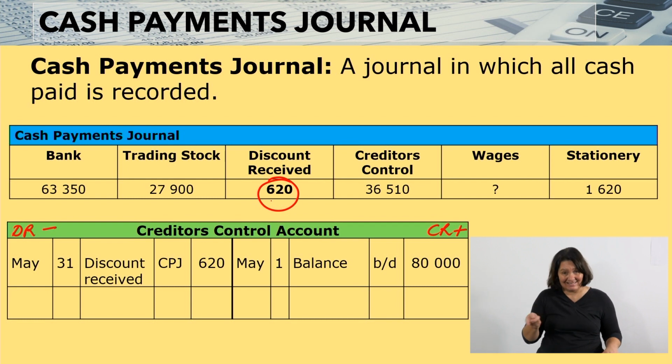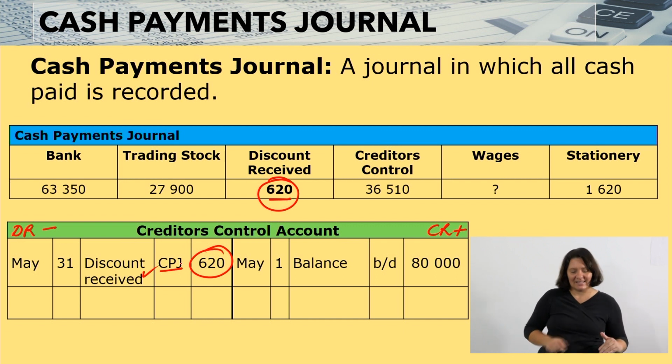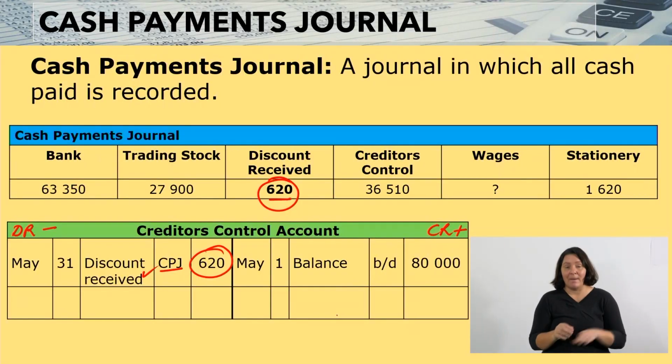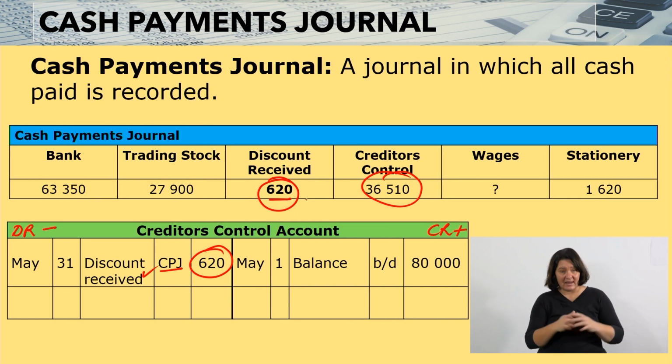Therefore, I'm going to take my 620, which I'll call discount received, from the CPJ, and the amount becomes 620. You have to remember, from the CPJ, you will get your bank, that is your 36,510. You also get your discount received. We did bank earlier on. Now I was focusing on the discount that we have received when we pay our account.